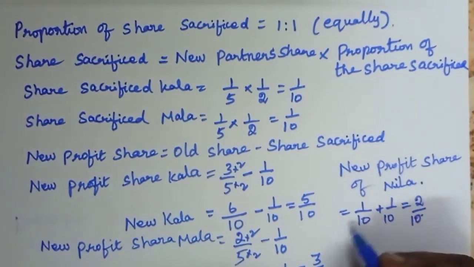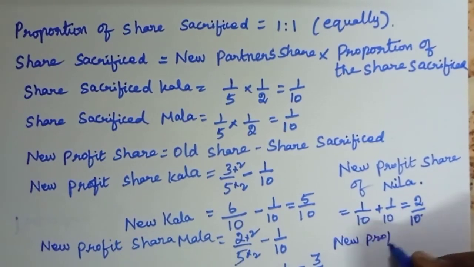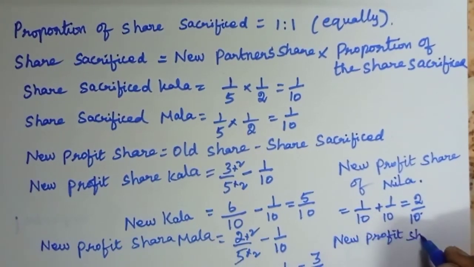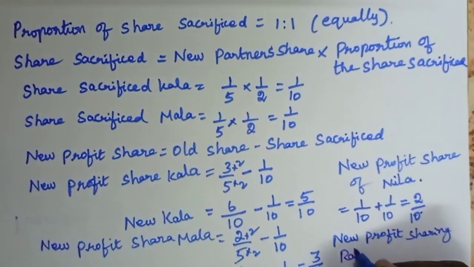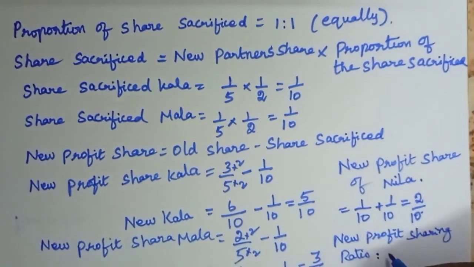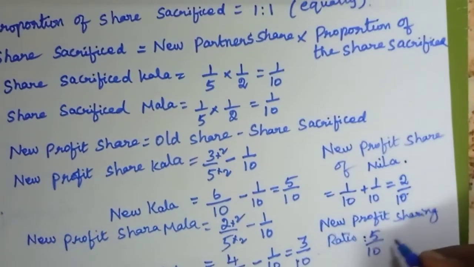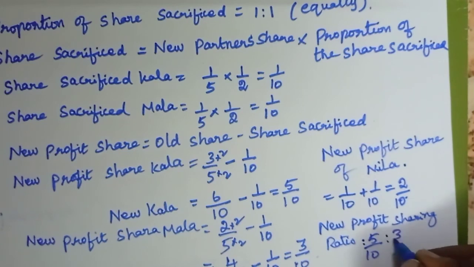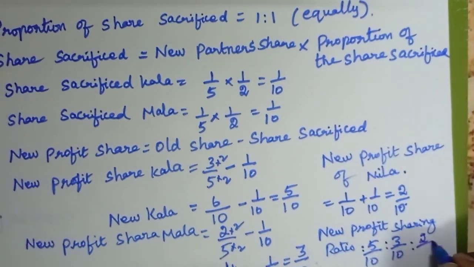Now new profit sharing ratio of Kala, Mala and Nila. New profit share of Kala 5/10, Mala 3/10, Nila 2/10.